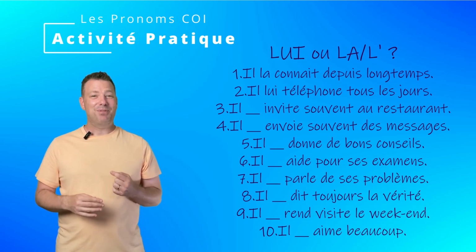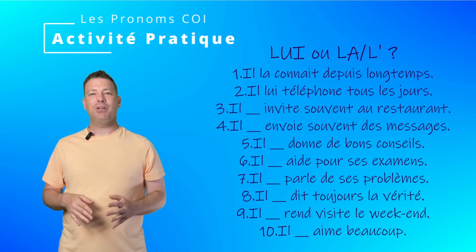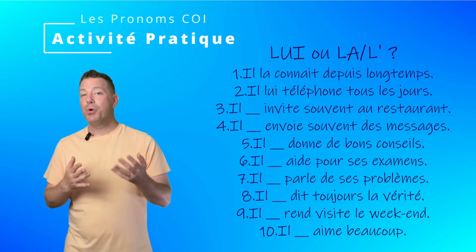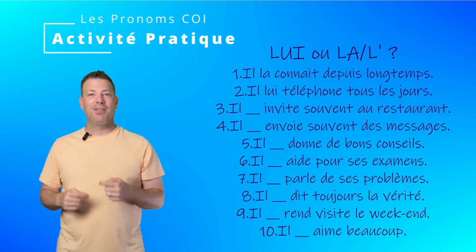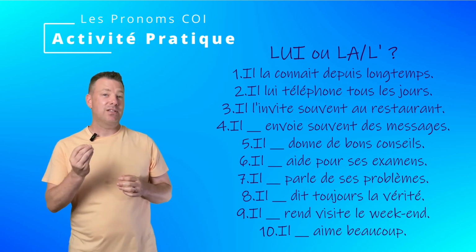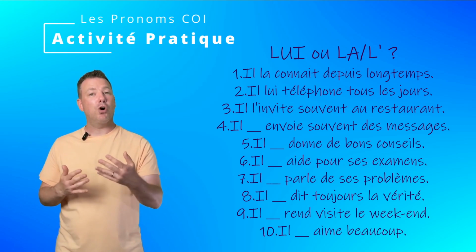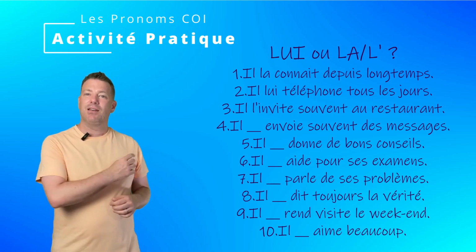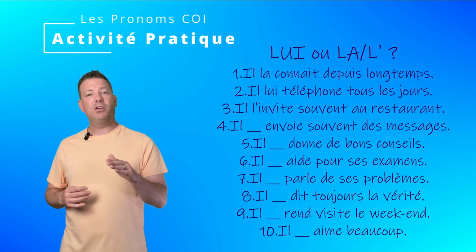Or maybe l'apostrophe. Yes, but that's a COD that you need to use here. So he invites who? Her, okay? Il invite qui? Anna. So l'apostrophe here because invite starts with a vowel. Il l'invite souvent au restaurant. Numéro 4, il envoie souvent des messages.